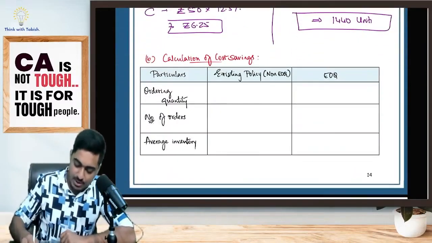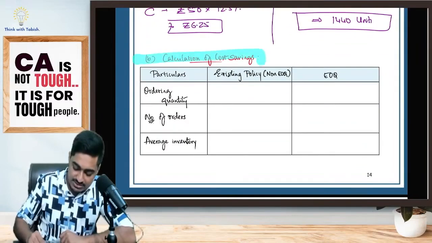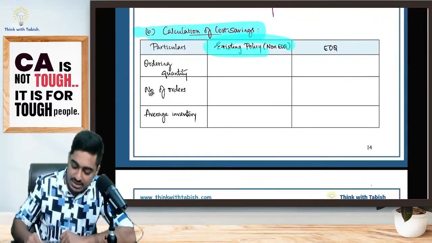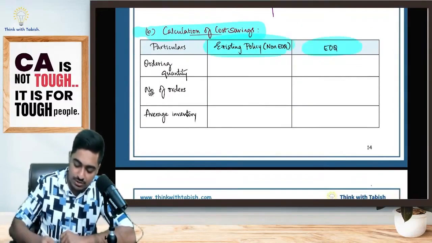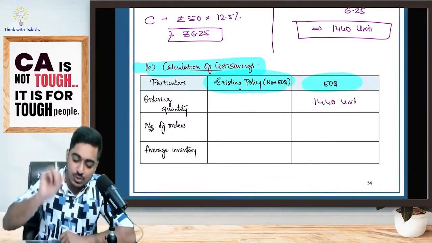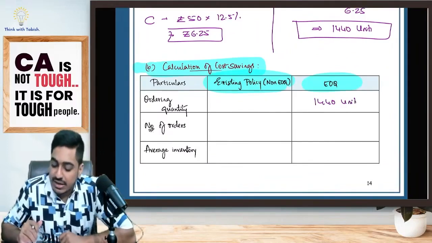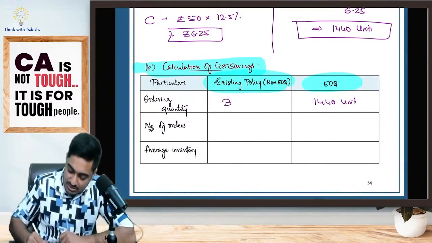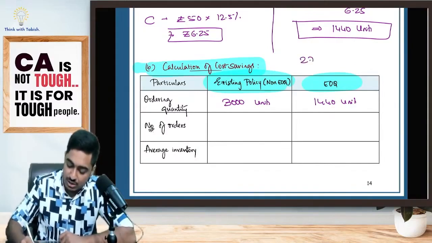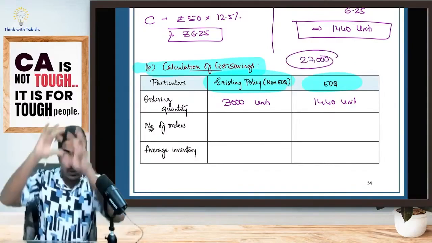Great. Now I'll have to calculate the cost savings. I have my existing policy, non-EOQ, or I can go for EOQ. EOQ is 1,440 units. Right now the order size is 3,000 that I'm buying. Let me see how many orders I'll have to place. In 1 year, 27,000 units total I want.